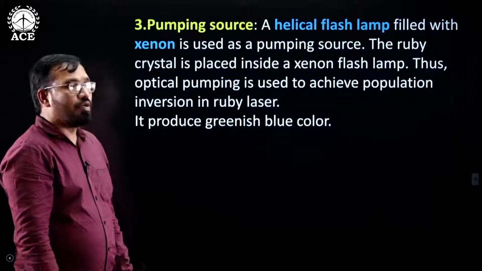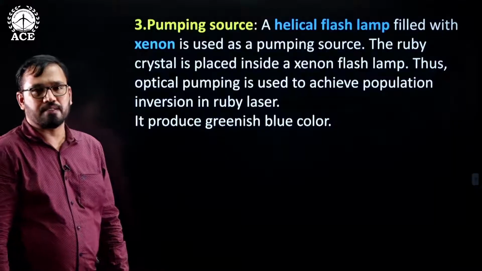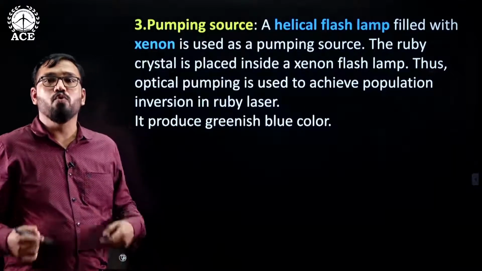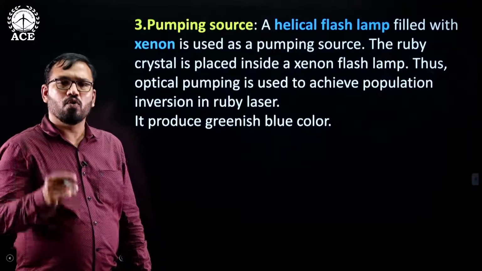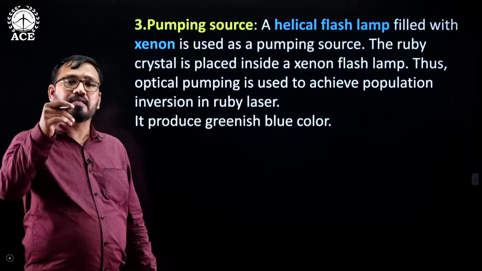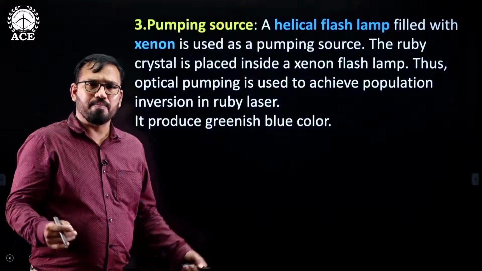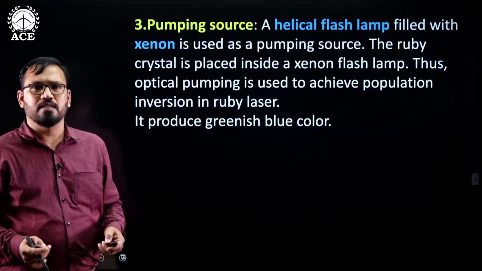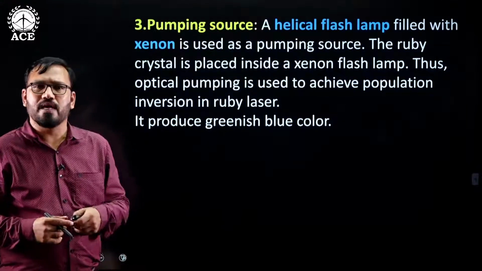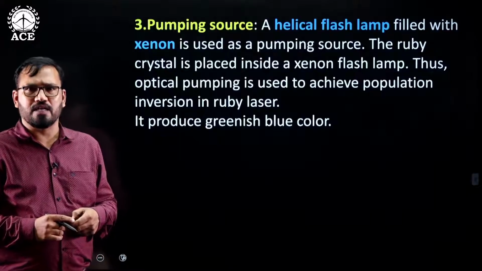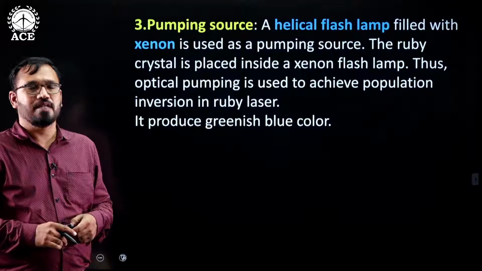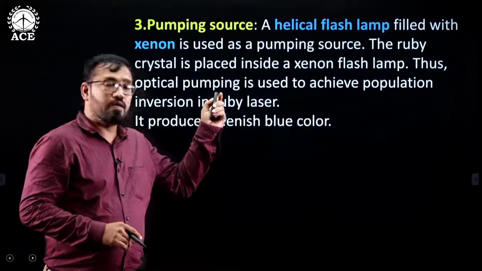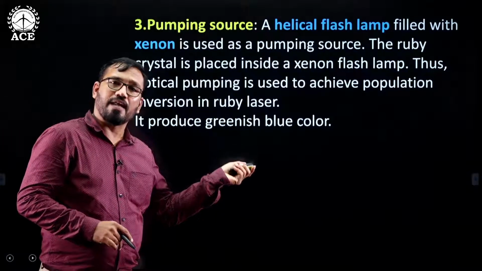So now we need a pumping source, a pumping mechanism, to excite the chromium ions. Why are chromium ions the active centers? Active centers means the ions which are responsible for the lasing action.